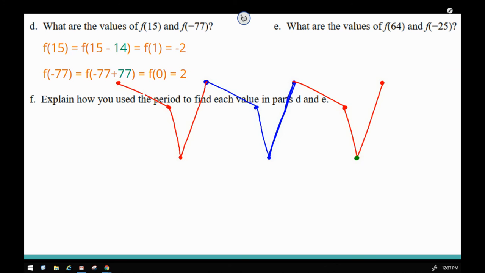So for -77, if we add 77, that gives you an x value of 0. You could have also used 7, just would have been different there. You would still get a value of 2. So that's how you can write it down algebraically if that's your thing. So I want you to try part E, where you find f of 64 and f of -25.